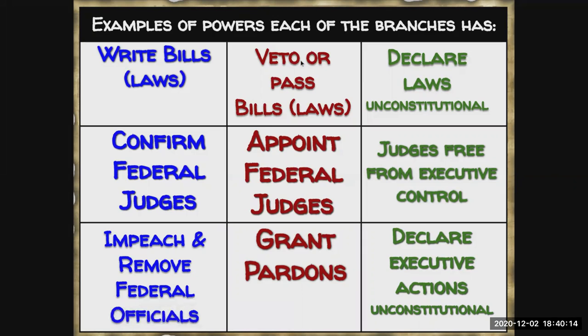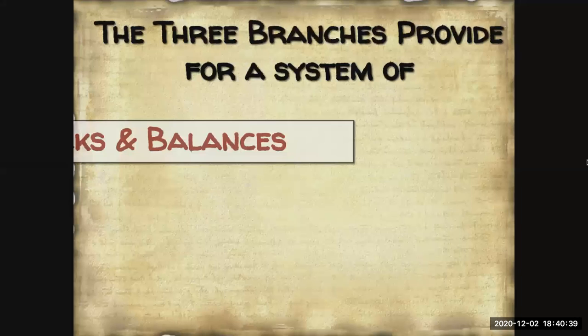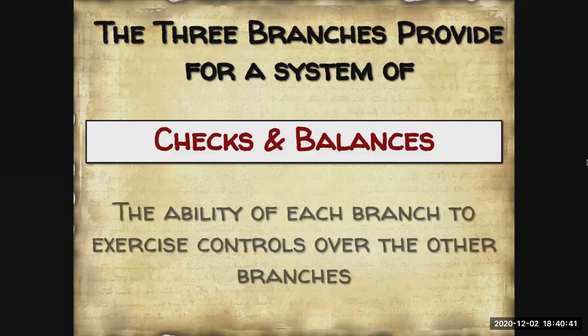So, the executive has some control over what bills are actually passed, while the judicial can say this law that was passed can't be a law anymore. You know, the executive branch can appoint judges, but Congress can decide whether or not those judges actually end up being seated. So you can see that there are checks and balances to make sure that no one branch of the government has more power than the other.